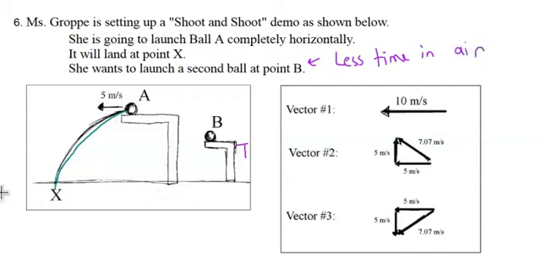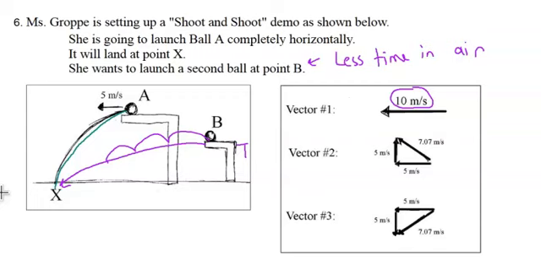So if you want it to have actually a larger range than A, then you might think, well, that can't happen because it's going to hit the ground too soon. But if it's covering ground fast enough, it will cover more ground in less time.